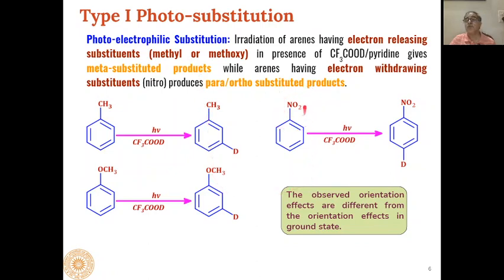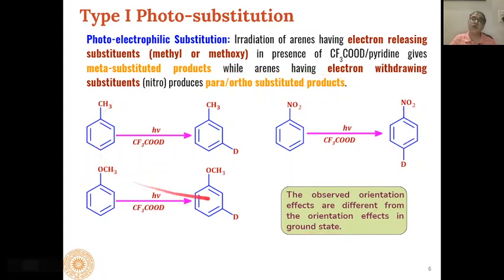Whereas if we use an electron withdrawing group like nitro group, then in these photoelectrophilic substitution reactions, para or ortho substituted products will be formed. And these orientation effects are different from the orientation effects which are observed in case of ground state reactions.